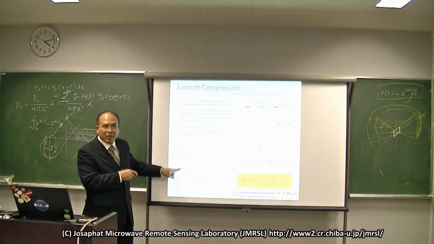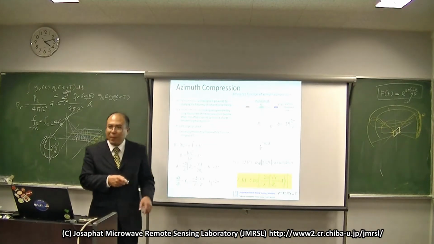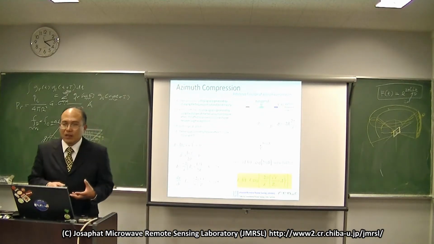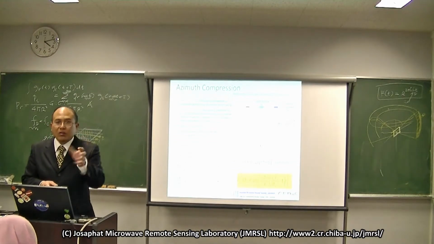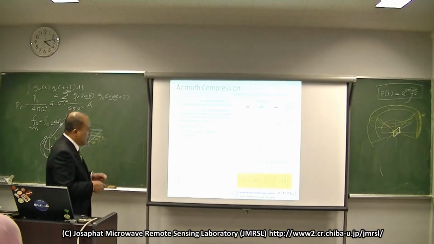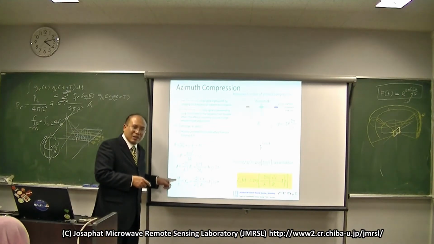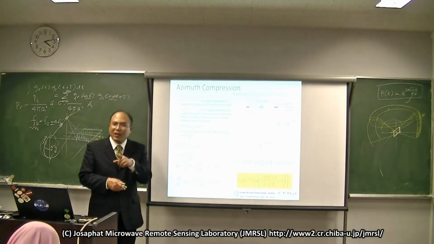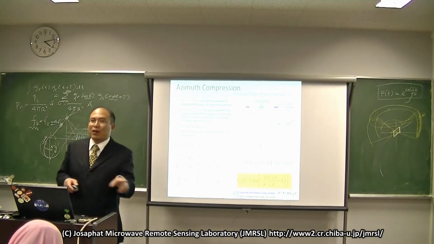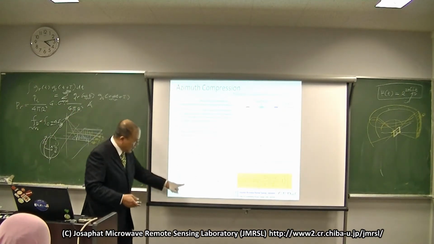Then you insert this R here, and you can get the phase. Until here is how to derive the phase, depending on the effect of the Earth rotation. Please remember, if you derive the phase with respect to time, you get the frequency.